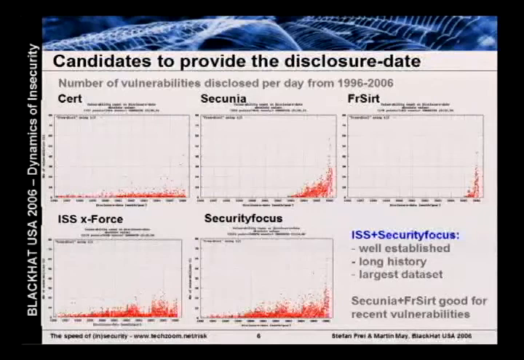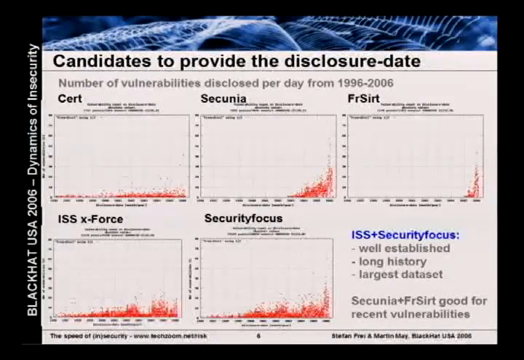CERT has a history that goes back even before 96, but the number of vulnerabilities and the speed at which they provide them was not good enough for our analysis. So we decided to take this information from both ISS X-Force and Security Focus. They both provide this kind of information for about 10 years.